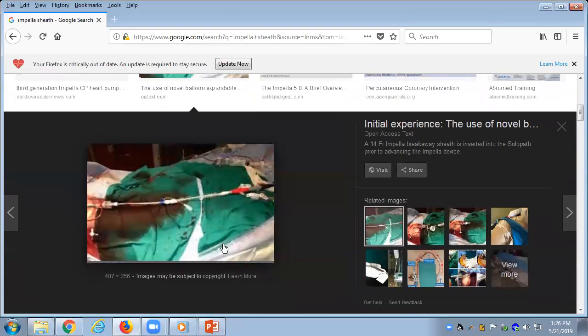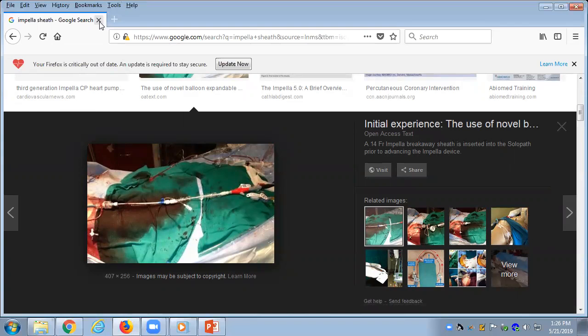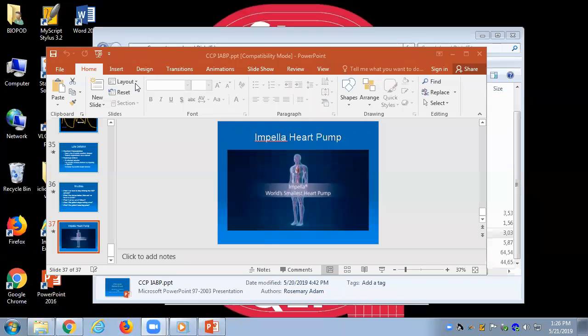A lot of good pictures on here actually. So this right here is where the sheath locks down on top of the device, so it should not move. But I think it's a really cool device. I think it's changing the way we treat some patients in certain instances by all means.